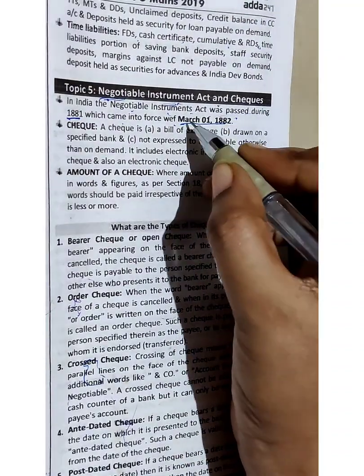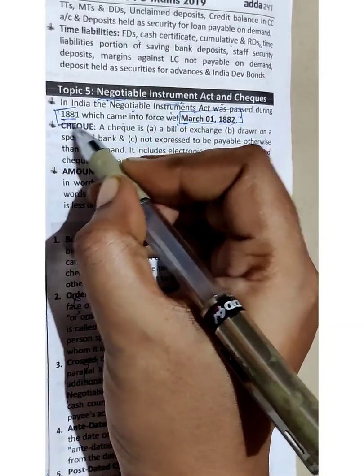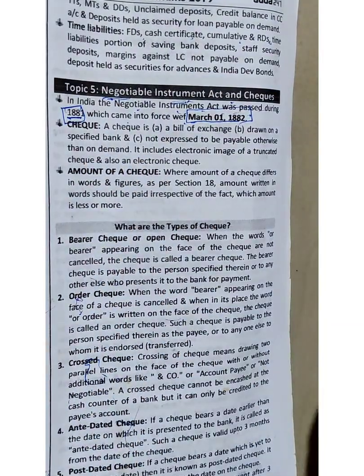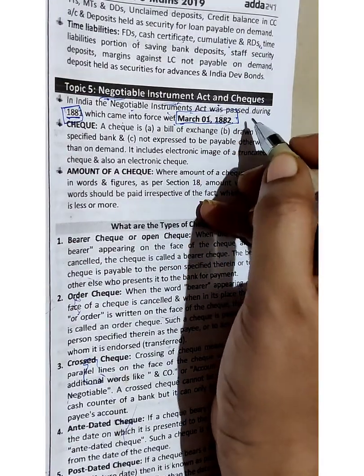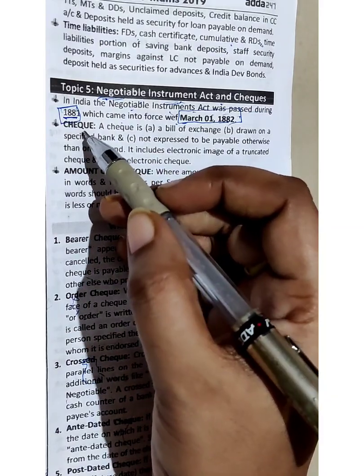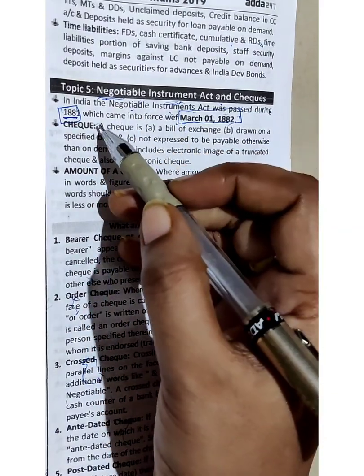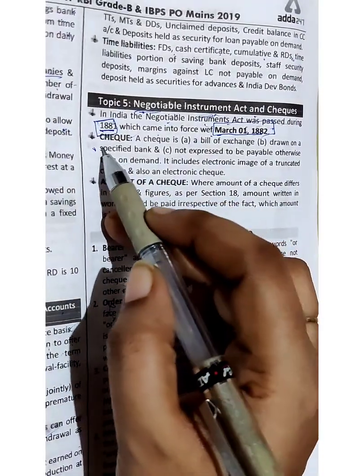So this is very important. The Negotiable Instruments Act was passed in 1881 and came into force on 1st March 1882. Next, what is a cheque?